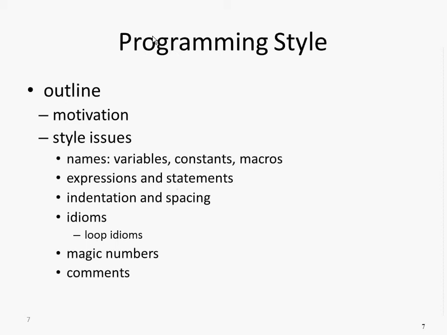It matters a great deal. It matters very much in terms of the efficiency with which you can build that program, how quickly you can build it, and more to the point, how quickly you can get to the point where you're confident it works for you. We're going to be talking about expressions and statements, inventing idioms, use of manifest constants, or so-called magic numbers, and comments.